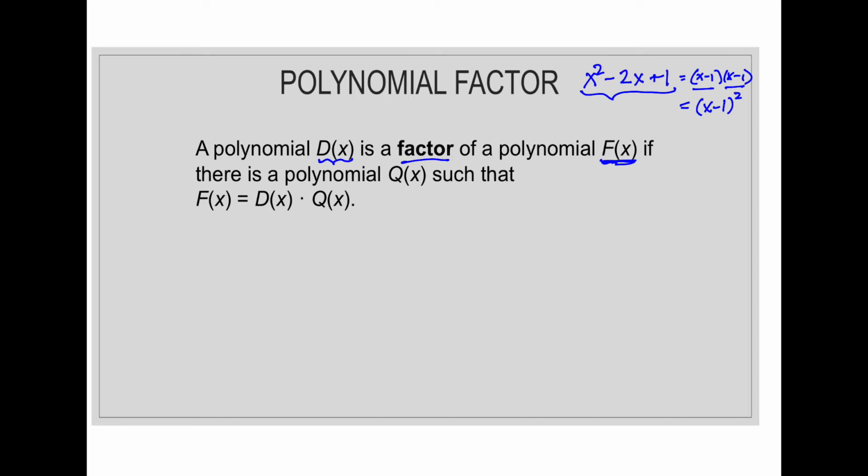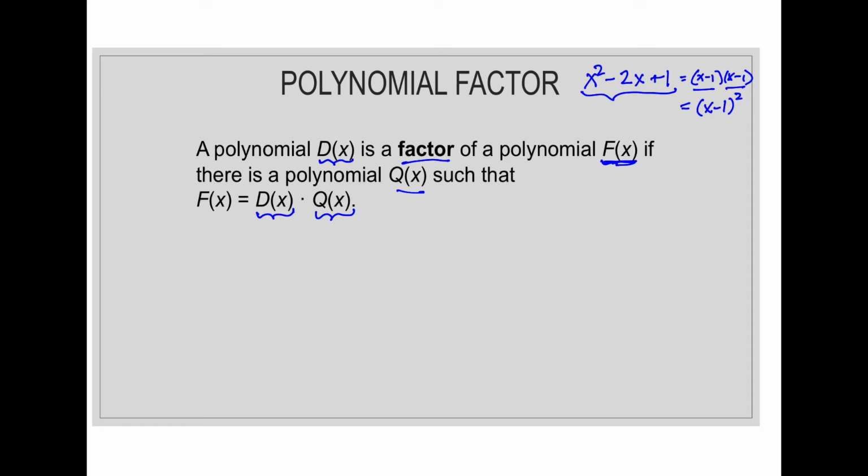If there's another polynomial q of x, so that when I take d of x and multiply by this other factor, this other polynomial, I get f of x. So you can think of the example that we have over here, but the notation we're using could work for any size polynomial.